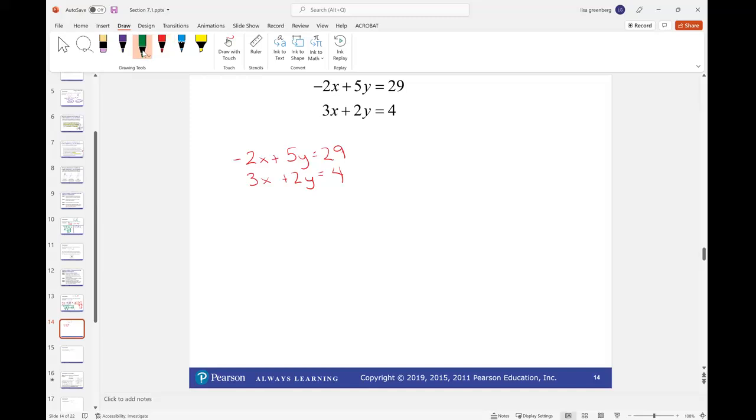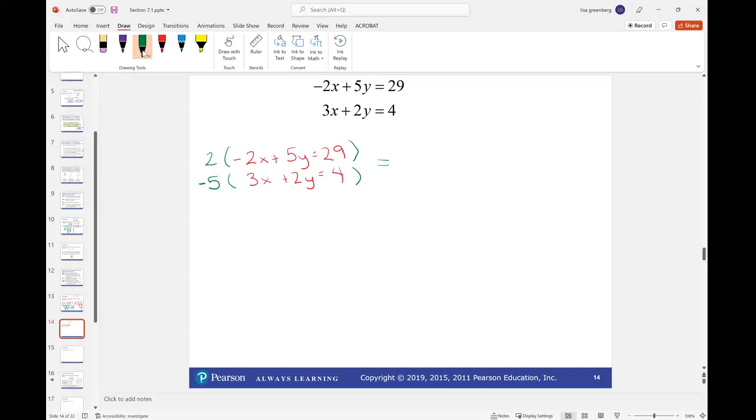Now, what do I multiply by? Well, the least common multiple between 2 and 5 is 10. Okay, so I'm going to multiply this by 2 and this by, now notice if I multiply it by positive value, when I add those two equations, I'm not going to eliminate anything. So I'm going to multiply this by -5.